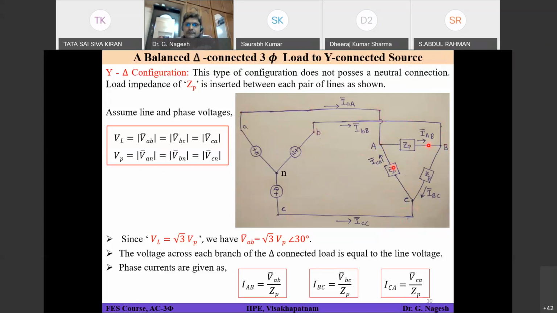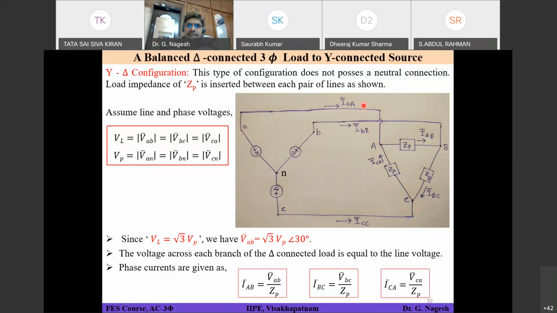The current which is flowing between A and B is called as phase current, and I am giving a representation called as IAB. The current flowing from load terminal A to source terminal A is called as line current. So it is existing between A of the source and A of the load.